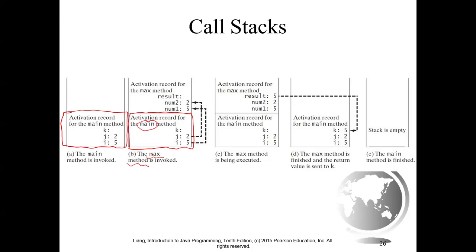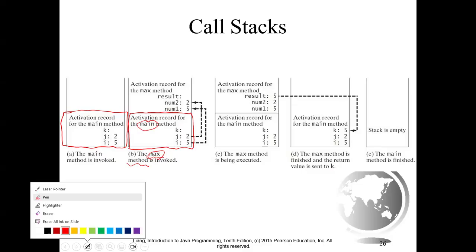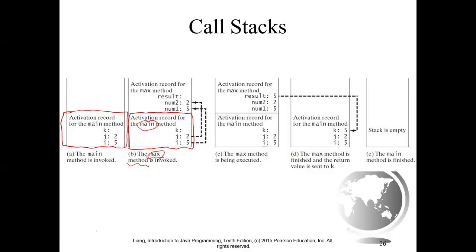And then when we are calling the max, there will be another frame here for the max. Here they will pass the actual values. We say these are the actual parameters, right?